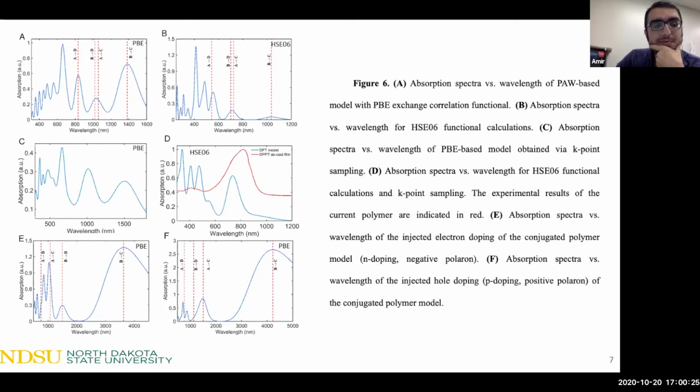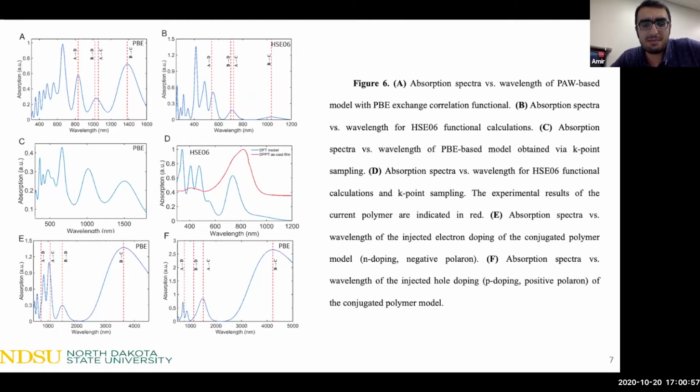However, for subfigures C and D, we show the results after the sampling with both PBE and HSE06 functionals. Subfigure D represents the HSE06 absorption spectrum after k-point sampling. This red plot shows the experimental results for this kind of polymer, which is plotted as a film.